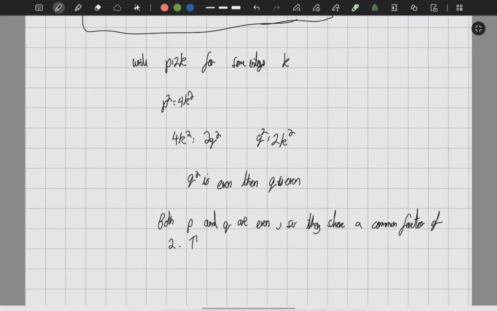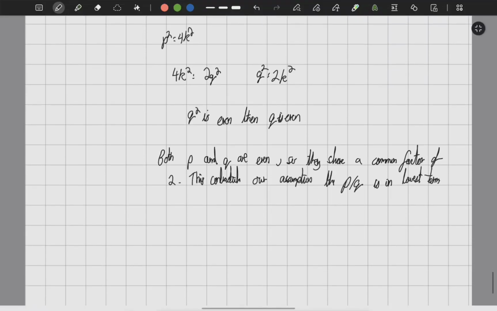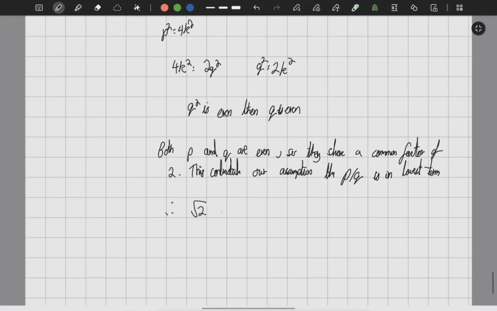This contradicts our assumption that p over q is in lowest terms. Therefore, root 2 cannot be rational, so root 2 is irrational. And that's it.